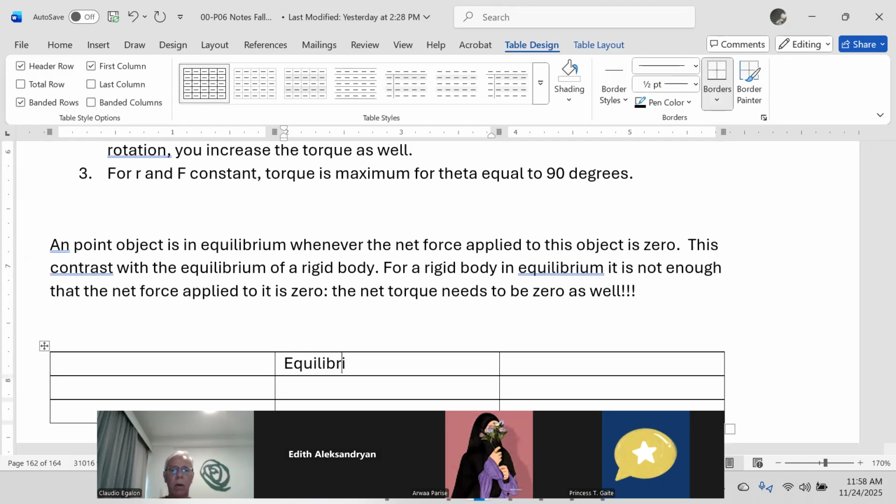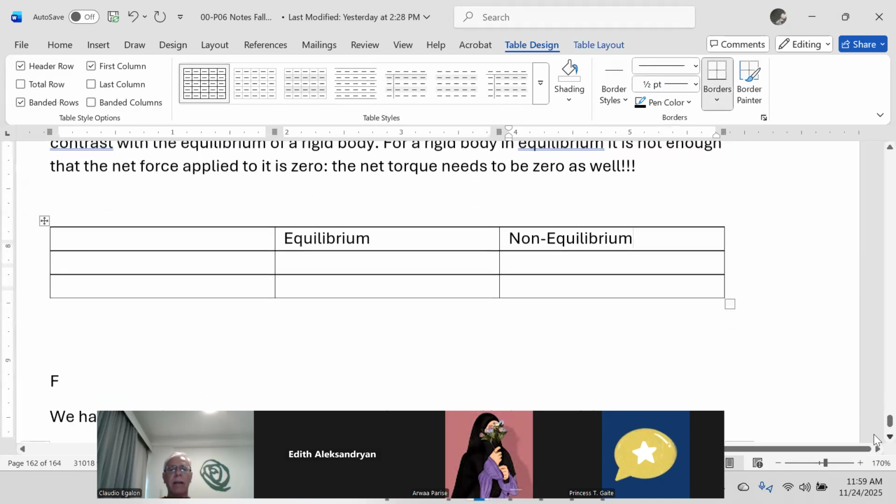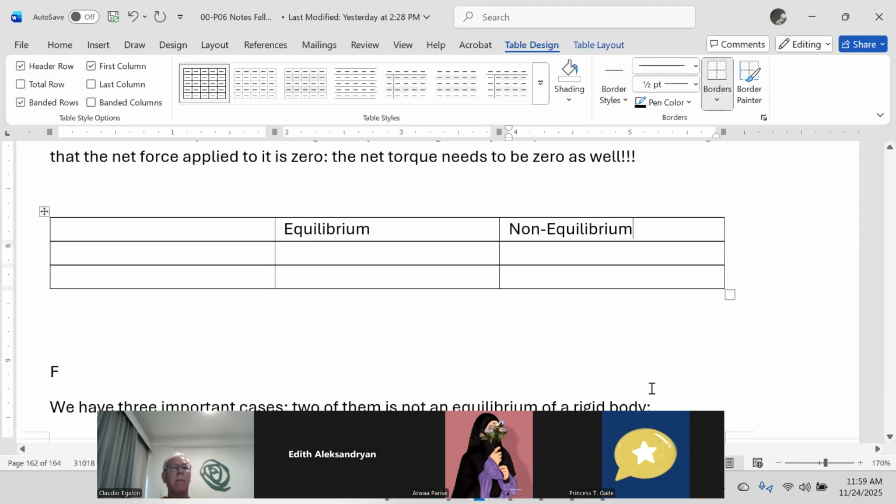Before we started the rigid body, we were assuming that our objects were point particles. Okay, keep that in mind. Point particle, rigid body. Condition for equilibrium.